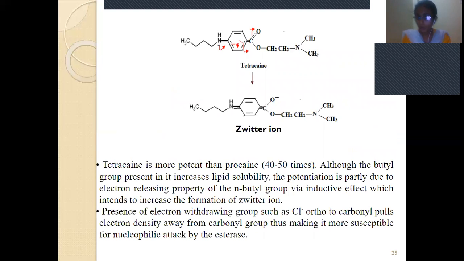Tetracaine is more potent than procaine. If we compare the two drugs, tetracaine is more potent than procaine.